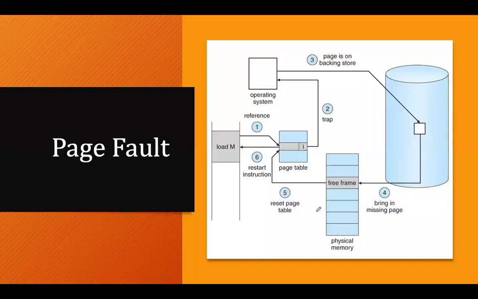Now the concept of how it works in a page fault. Whenever there is a demand for a page and this page is not available, then there is a trap. Trap means there is a page fault. So the operating system gives this problem to the virtual memory manager. The virtual memory manager contacts the disk manager, the disk manager contacts the device driver, and the device driver gives the command to the device controller.